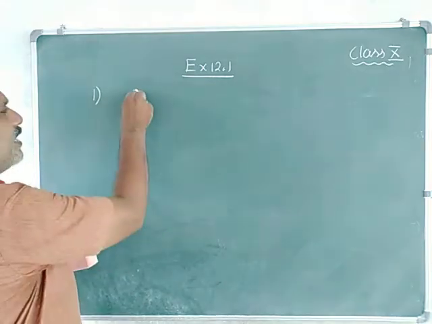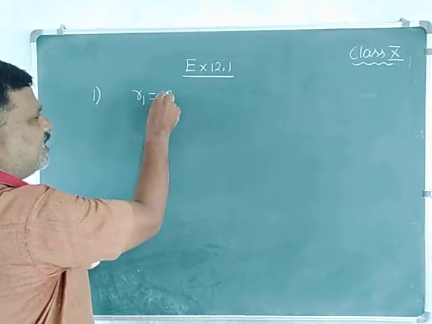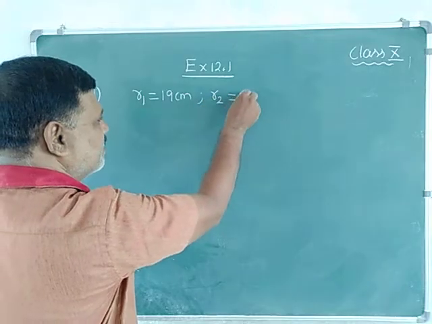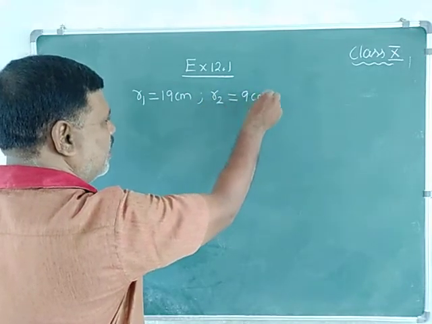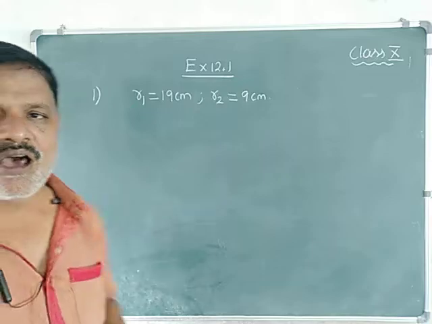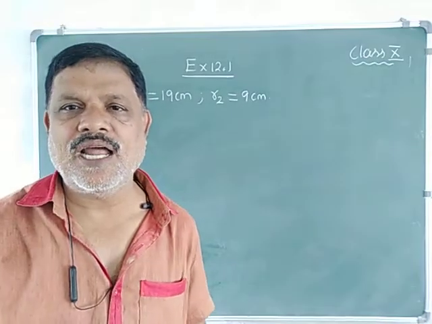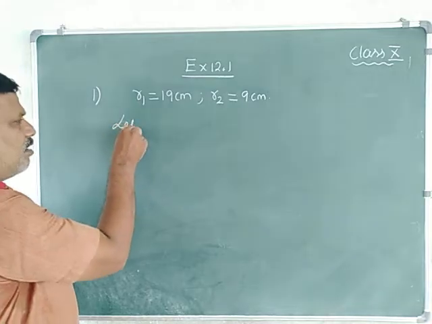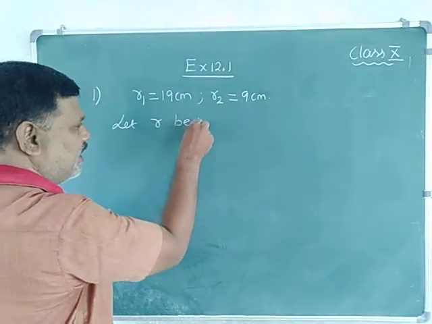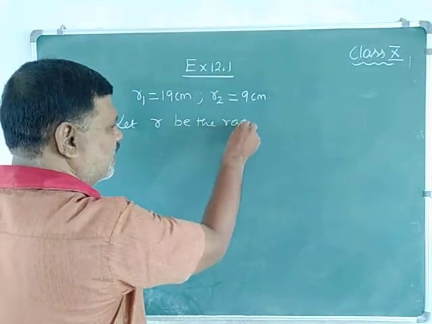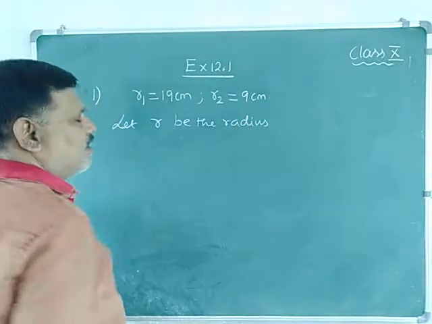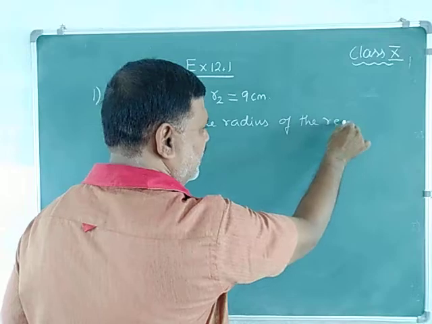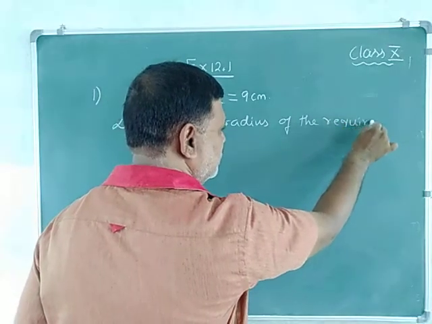We take the radius of the first circle as R1 and the radius of the second circle as R2. So R1 is 19 centimeter and R2 is 9 centimeter. Now let R be the radius of the required circle.